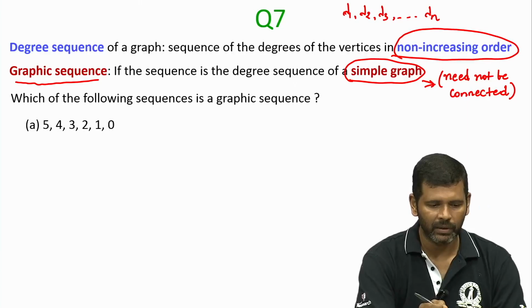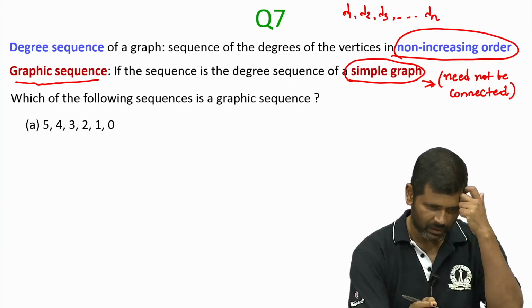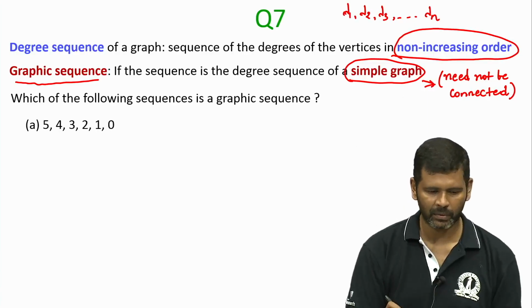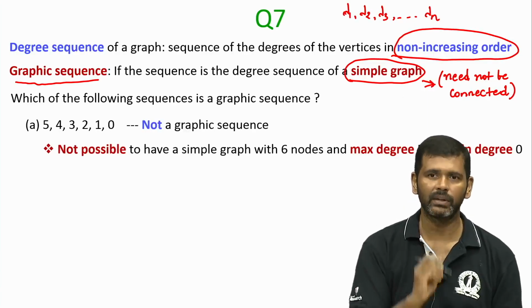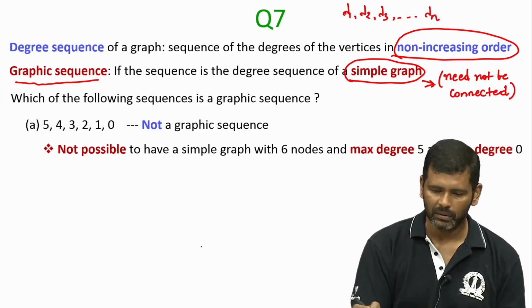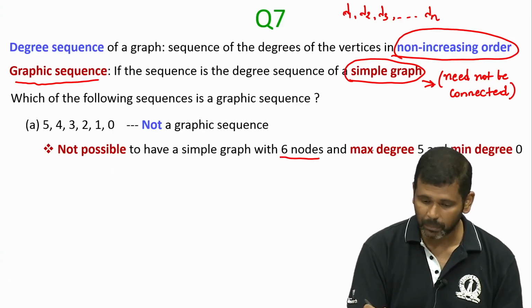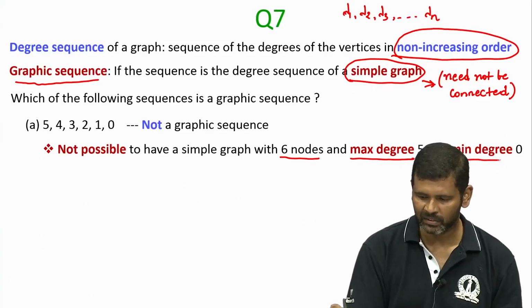So, that is a trivial condition. In this case we have to verify whether we can draw a simple graph with 6 nodes where the highest degree is 5 and the smallest degree is 0. It is easy to see that this sequence is not a graphic sequence, because you can't draw a simple graph with 6 nodes where the maximum degree is 5 and the minimum degree is 0.